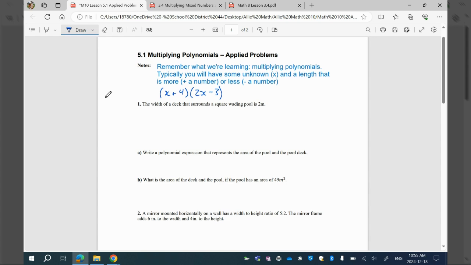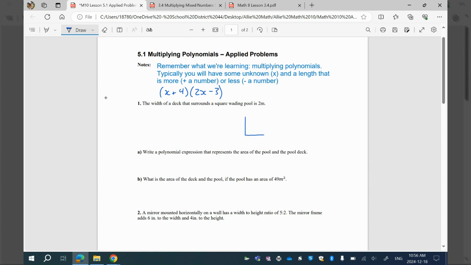So let's read the question. We can read it again, draw a picture like I like to, and hopefully that helps us out. The width of a deck that surrounds a square wading pool is 2 meters. Okay, so we've got a square wading pool, and the width of the deck that surrounds it is 2 meters.